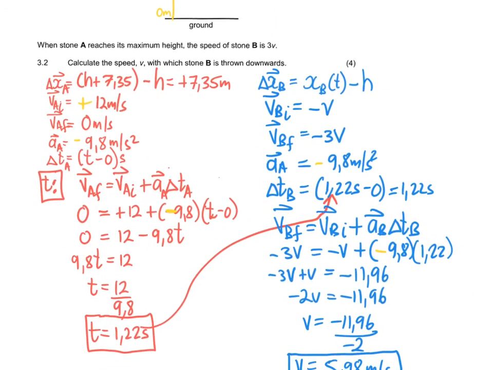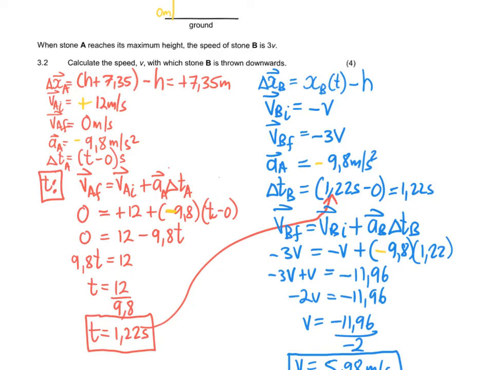All right, it gives us, as you can see, the 1,22 seconds, and the reason why we are going to use the 1,22 seconds is because it's the time that it actually takes for the ball B to fall from a velocity of v to a velocity of 3v.